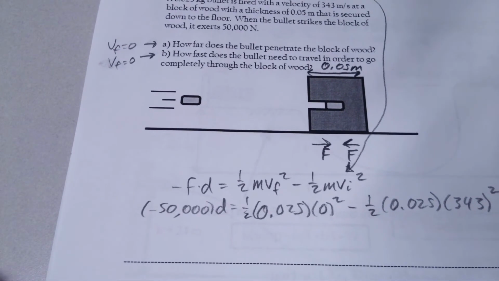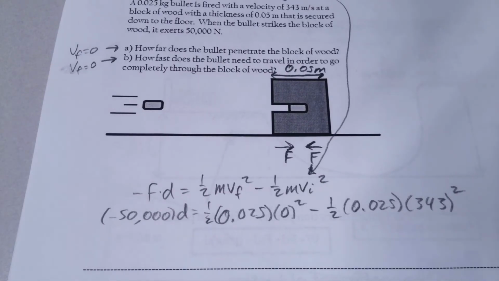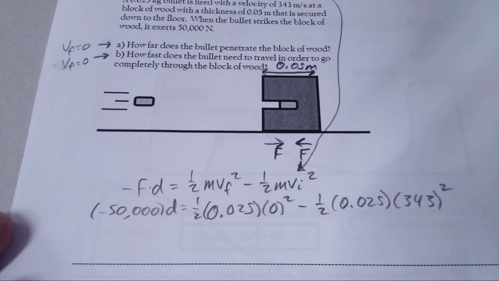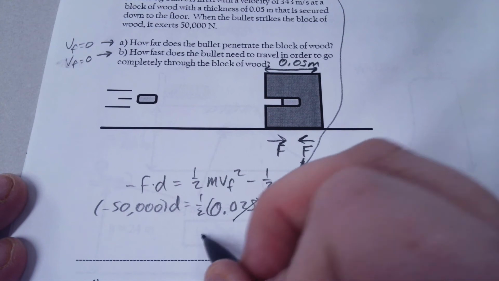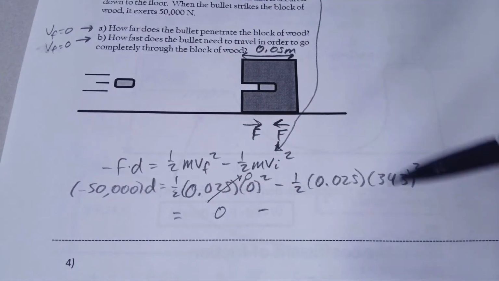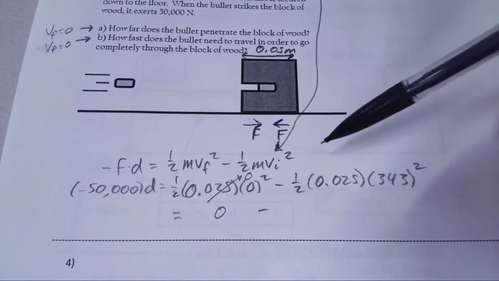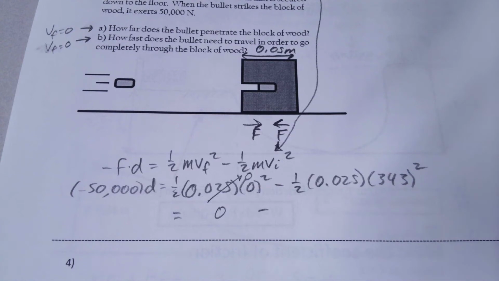It's a pretty tough piece of wood. 50,000 newtons, for a bullet to be fired at Mach 1 into a piece of wood and only go 3 centimeters in. Like I said, this goes to 0. When you are calculating, just FYI, when this 0.025 times a half, don't round in here because we could come out with pretty different answers.